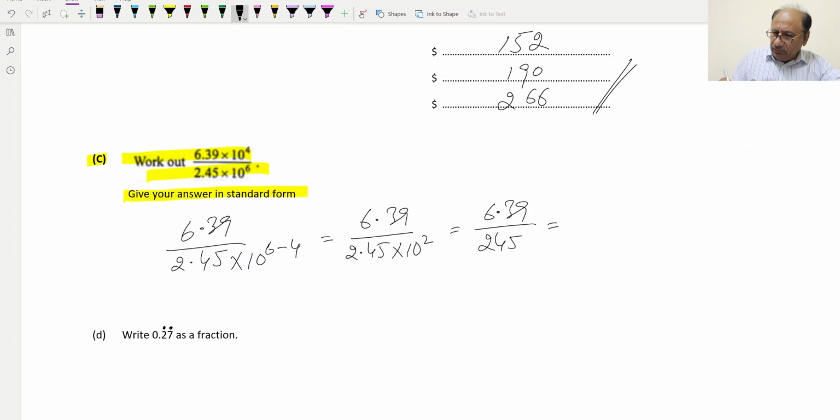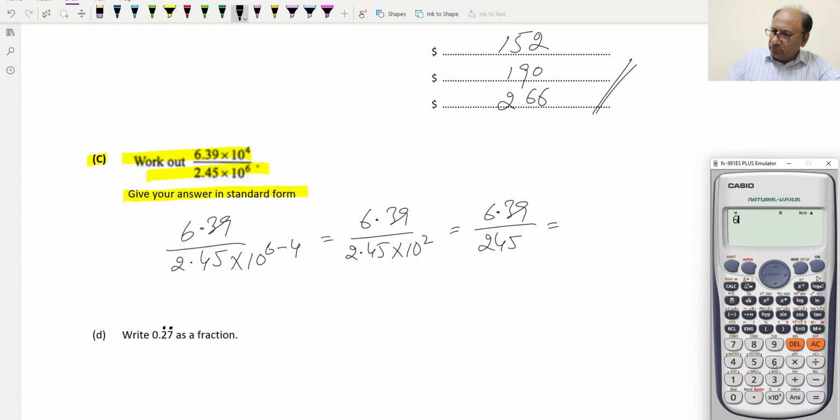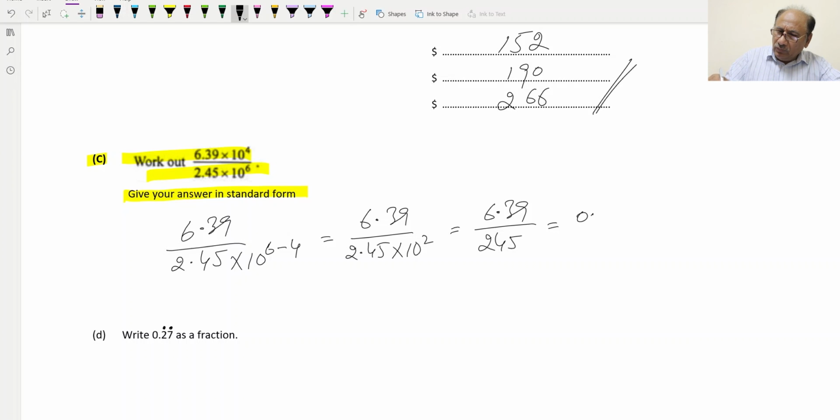Then we can use the calculator: 6.39 over 245 is equal to a decimal value of 0.02608.